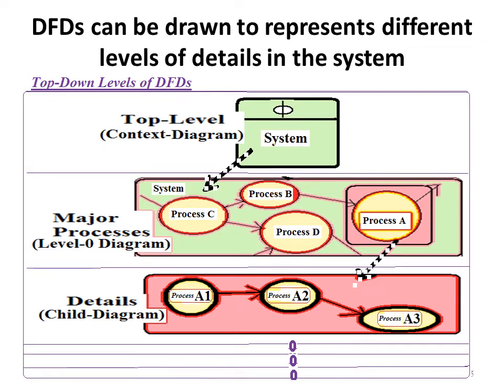For example, we have processes A, B, C, D, and so on. The detailed levels, or level 1, take each functional requirement here and start analyzing it in more detail. As we go further, we give more information, more details about the processes and the data associated with each process.